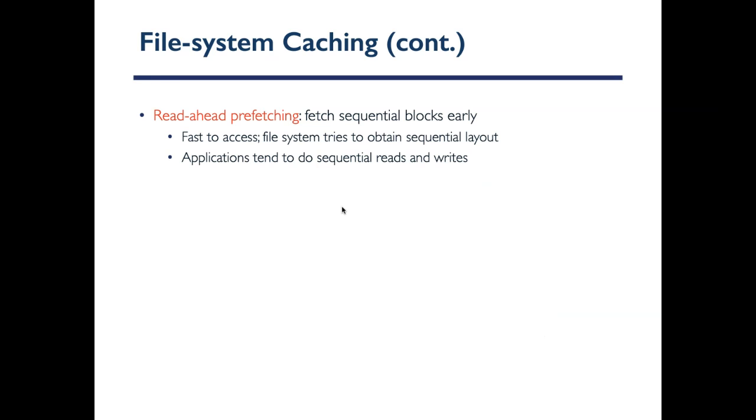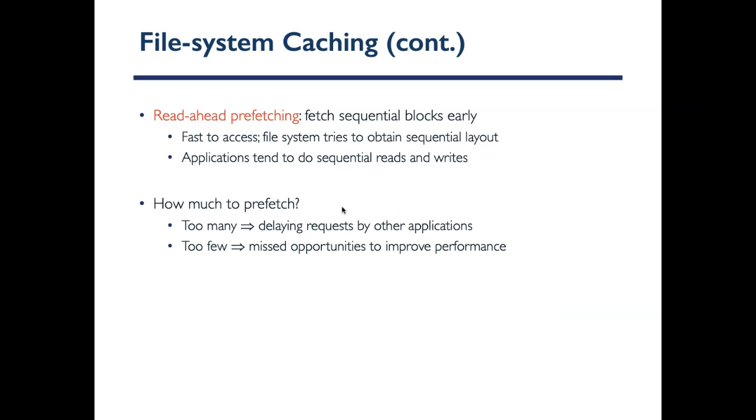So prefetching makes a lot of sense. But again, you have to be careful how much to prefetch. If you prefetch a lot, you might be wasting your buffer cache with data that is not being used. And if you prefetch too little, then you're not utilizing the opportunity to your advantage.